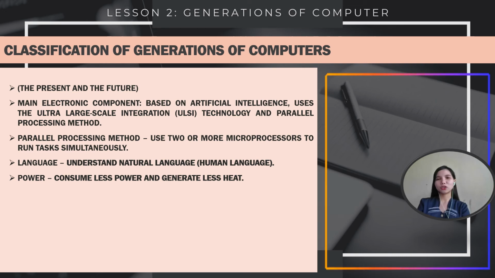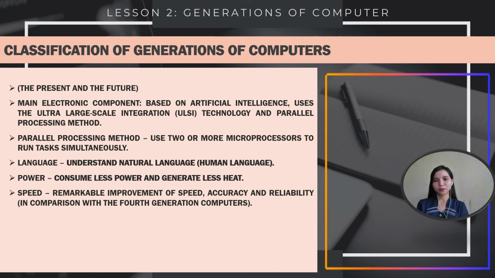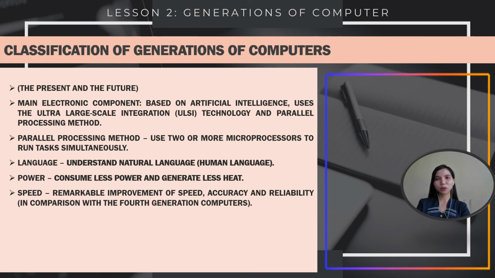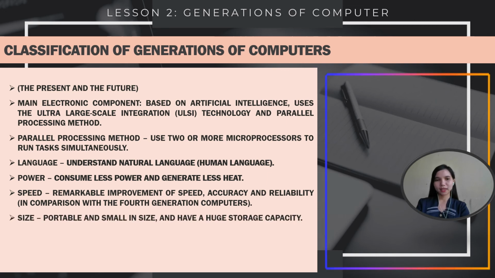Guys, the computers that we use now belong to the fifth generation. By the way class, including cell phones, guys, cell phones are also classified as computers. It has a remarkable improvement of speed, accuracy, and reliability in comparison with the fourth generation of computers. And its size is very portable and small, and it has a huge storage capacity.